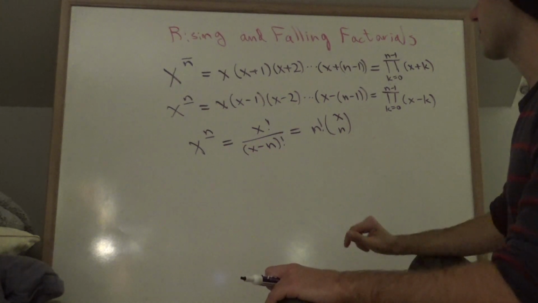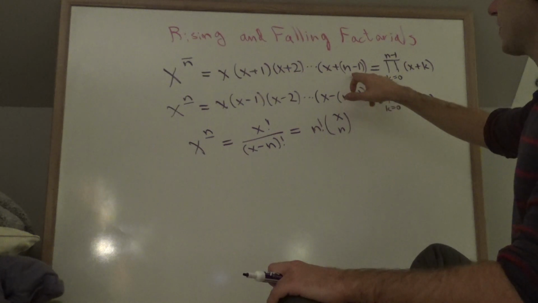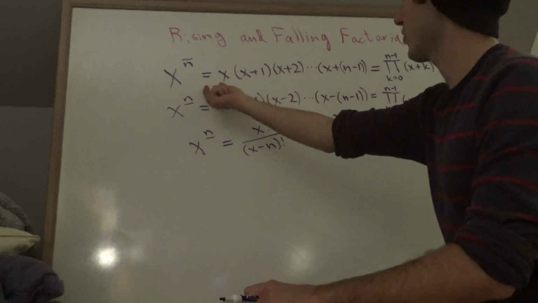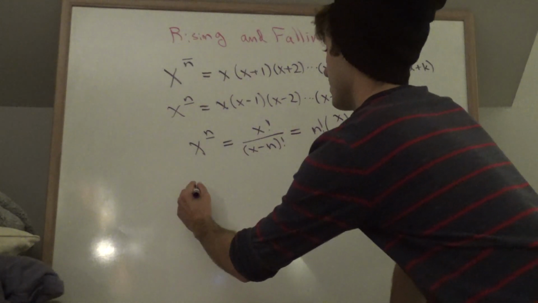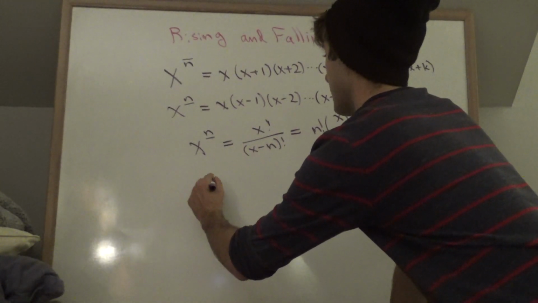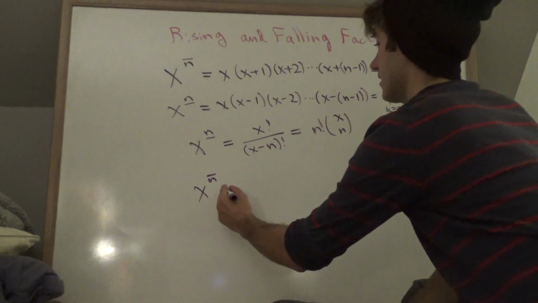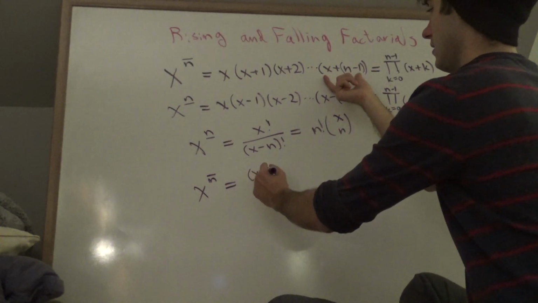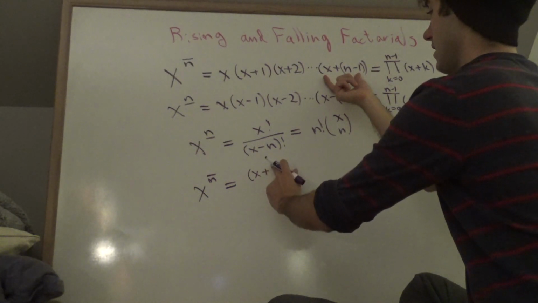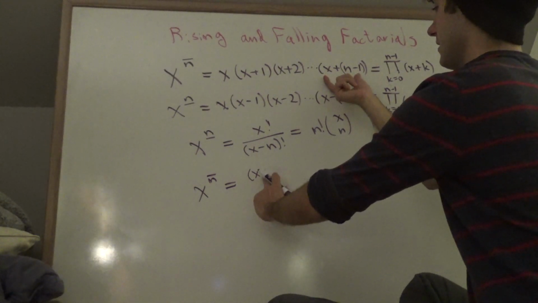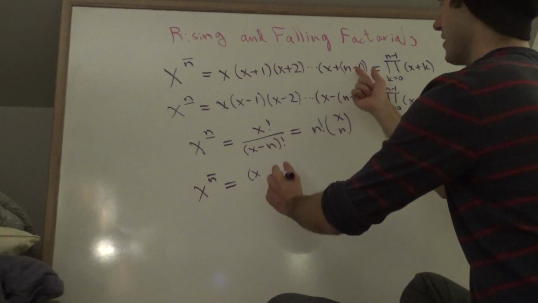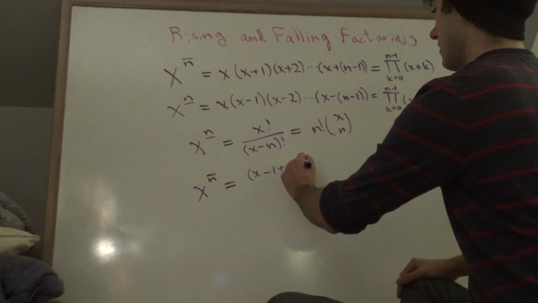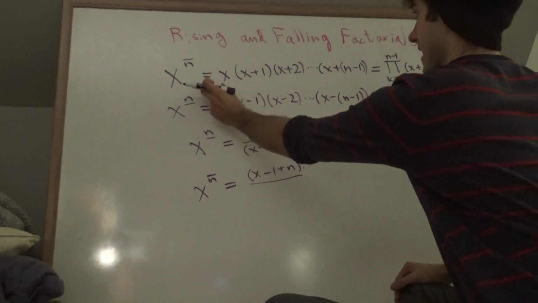We can do a similar thing with the rising factorial, because we can write it as this factorial minus all the stuff that comes below it. So the nth rising factorial of x can be written as, since it looks nicer, x minus 1 plus n factorial divided by x minus 1 factorial.